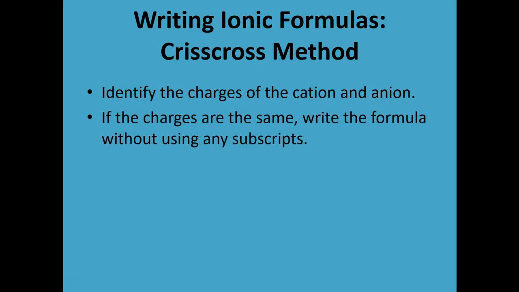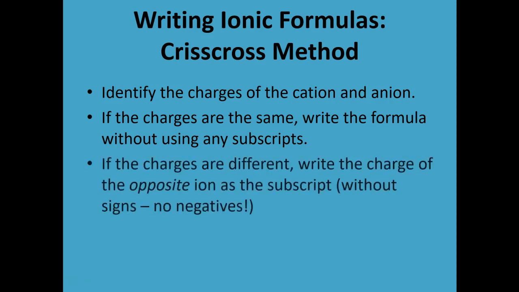If the charges are the same, that is, one is +1 and the other is -1, or one is +2 and the other is -2, or one is +3 and the other is -3, then you just write the formula in a 1-to-1 ratio without subscripts. And so again, sodium chloride is an excellent example of that.